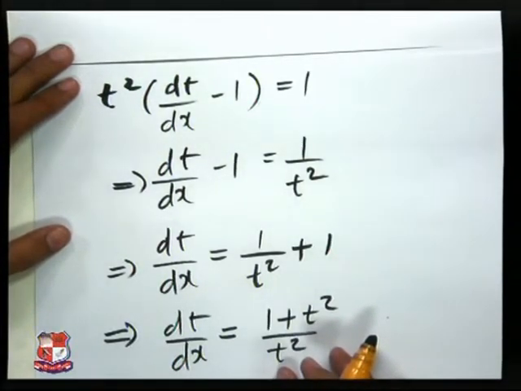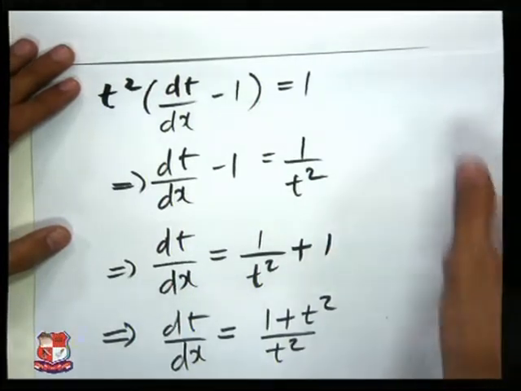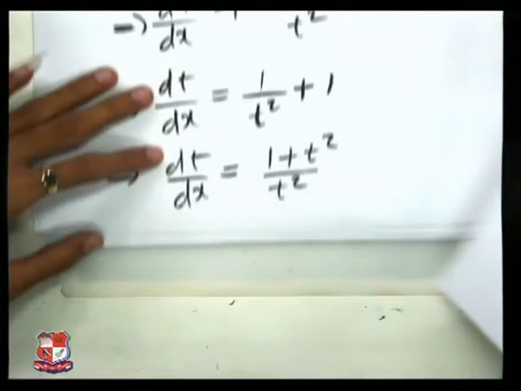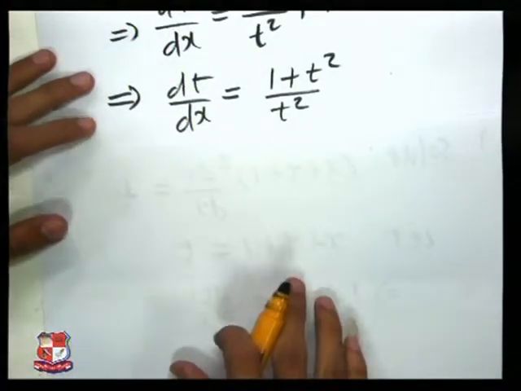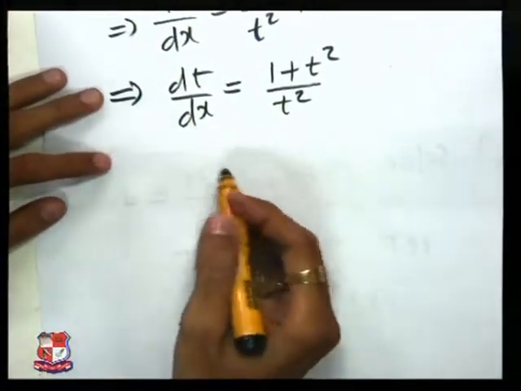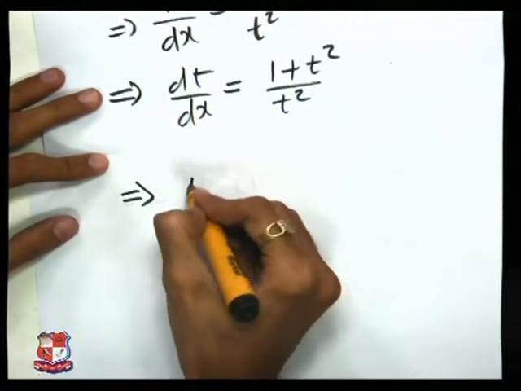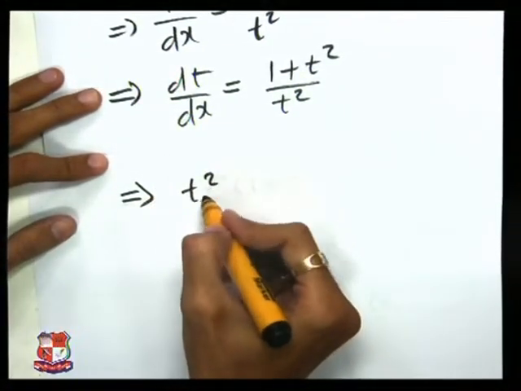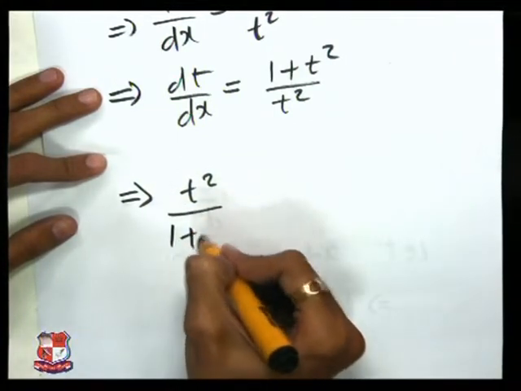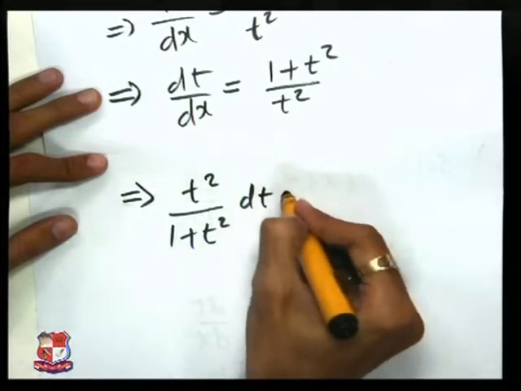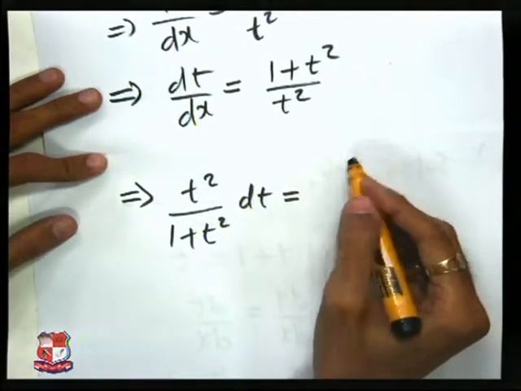So by separating the variables we will get t square upon 1 plus t square into dt is equal to dx.